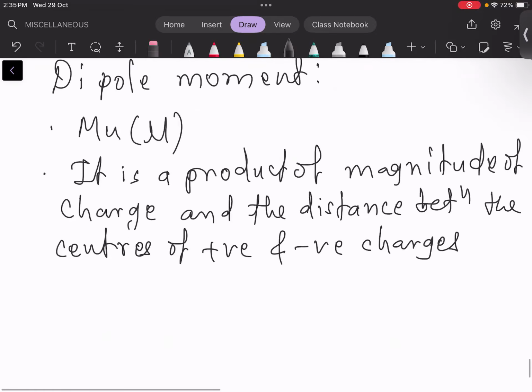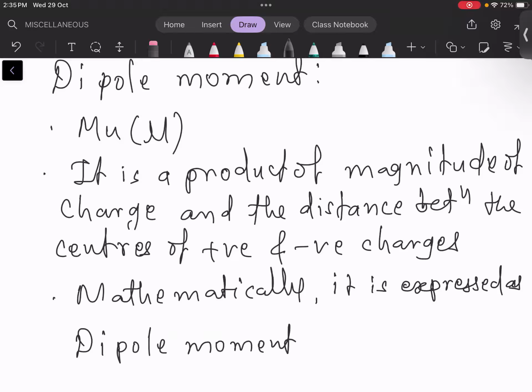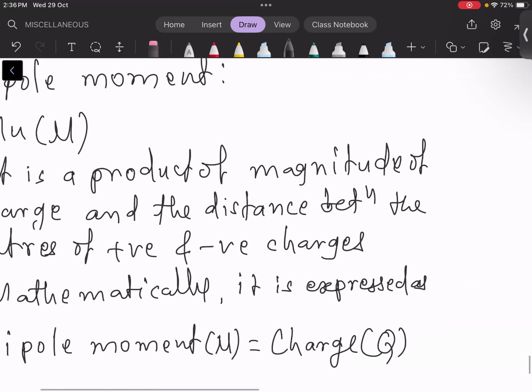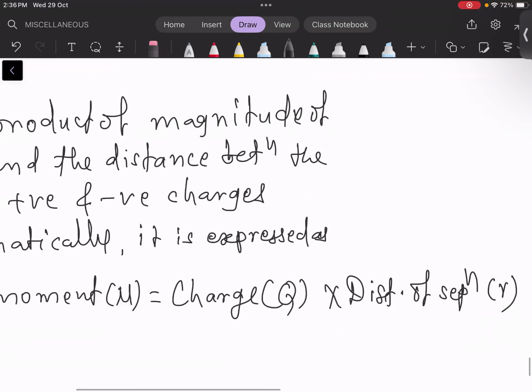So mathematically, it is expressed as dipole moment mu is equal to charge q into distance of separation, that is r, and therefore mu is equal to q into r.